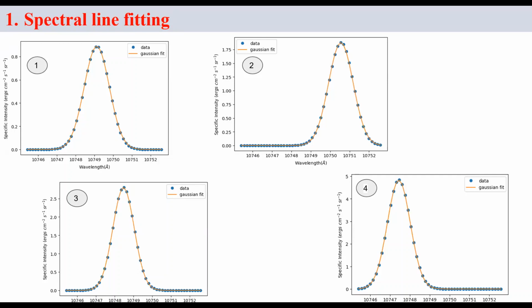As you have heard about line broadening, you might see how this kind of fitting is important for us to obtain the line width, the maximum intensity, the Doppler shift, etc. These are the primary data analysis techniques we use for spectral line fitting.